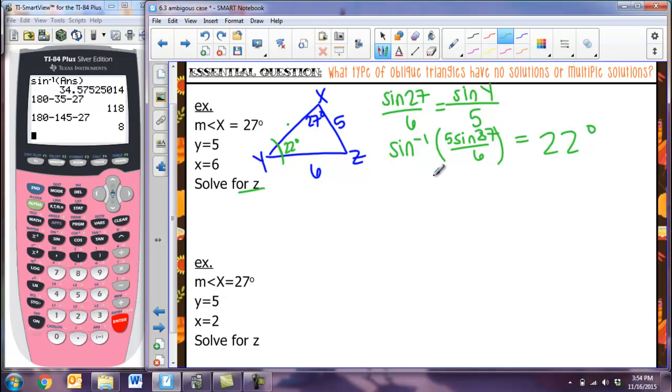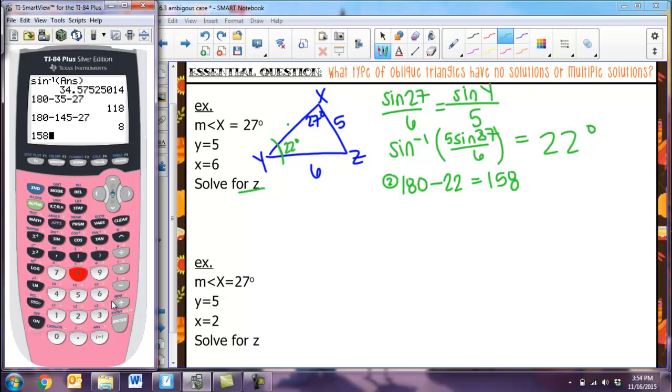Now, if I went in here and I thought about my second angle that would work out, 180 minus 22 would get me to 158. Now, if I look at what already exists in my triangle, if I take 158 plus 27, that's going to get me a number that's bigger than 180.